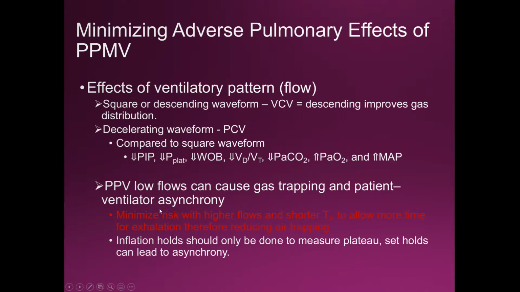They're going to start to become asynchronous with the ventilator. Minimize risk with higher flows and shorter I times to allow more time for exhalation, therefore reducing air trapping. That is basically how we fix air trapping or auto PEEP. We fix it by shortening the I time by increasing flow.